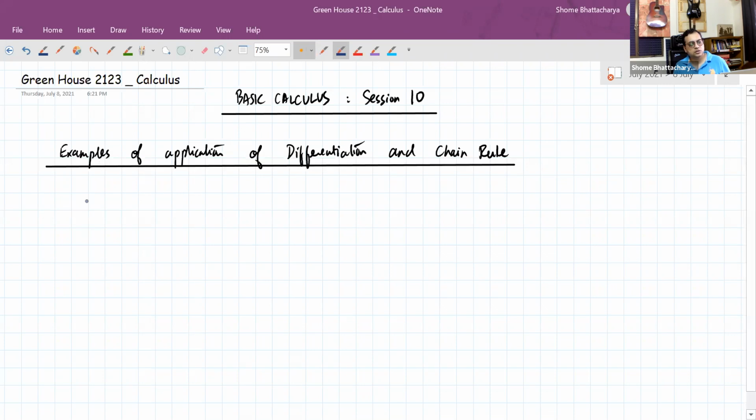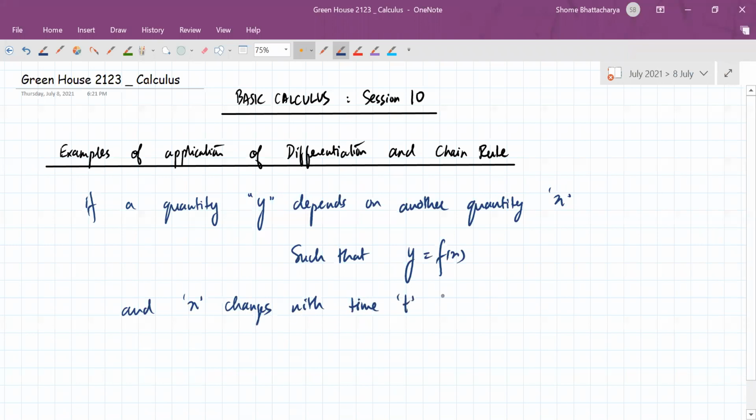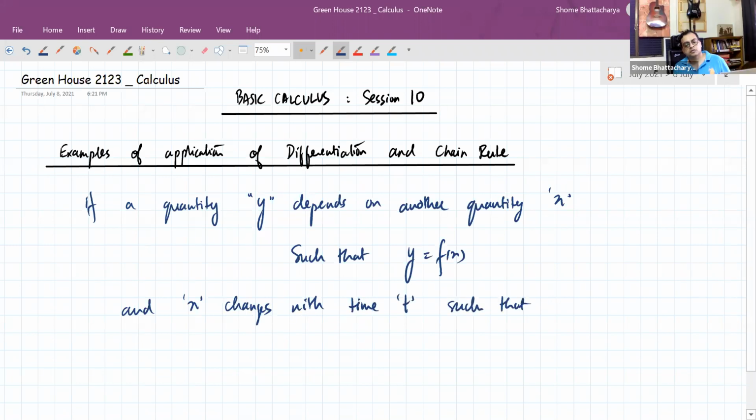For example, suppose a quantity y depends on another quantity x, let's say, such that y is equal to some kind of function of x, and x changes with time t, such that its instantaneous rate of change is dx by dt.